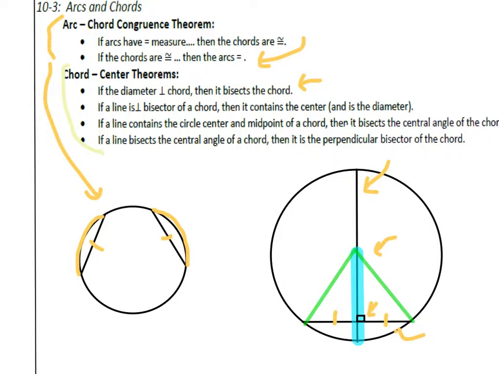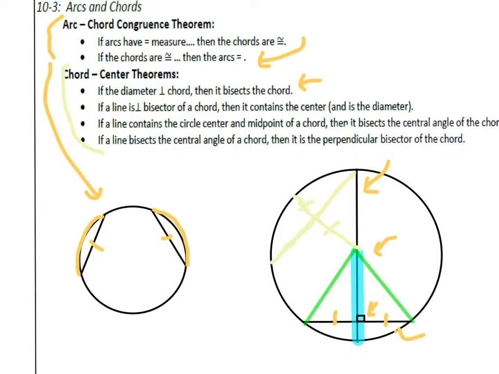Sometimes I'll draw a different chord and go perpendicular to this chord. Some students believe that these two parts are equal. I know they don't look equal, but if I extended the chord and made it larger, some students do believe that. That is not true. It's only the chord that is equal.